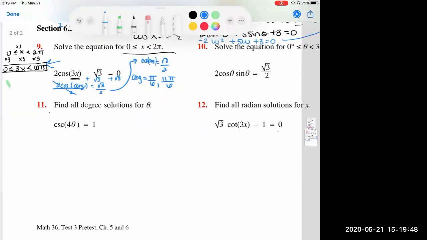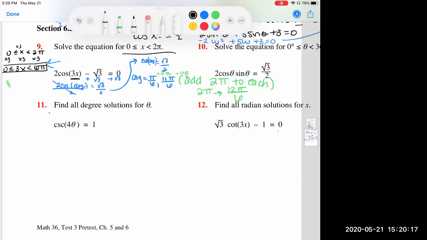All right, so add 2 pi to each. I want it in a common denominator, so we'll change that to the denominator of 6. So that'll be 12 pi over 6, right? So we're going to add 12 pi over 6 twice.